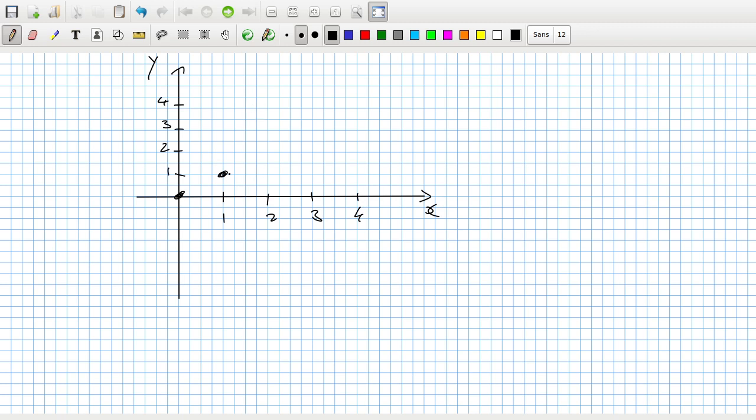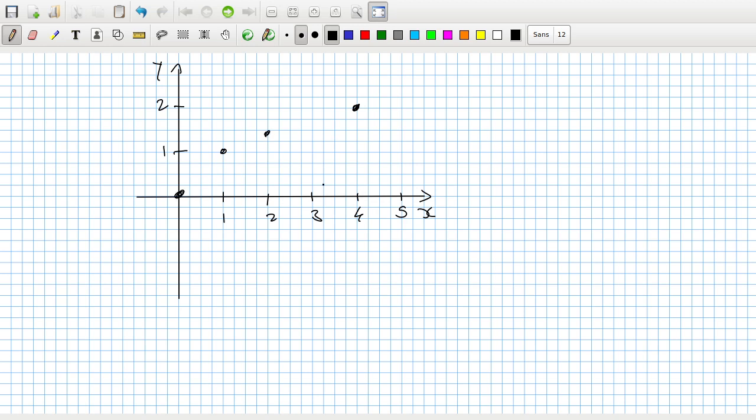Oh, actually maybe I should have changed the scale on the y-axis. I'll just keep it the same. All right, root 1 is 1, root 2 is 1.4, root 4 is 2, so that would be about there.